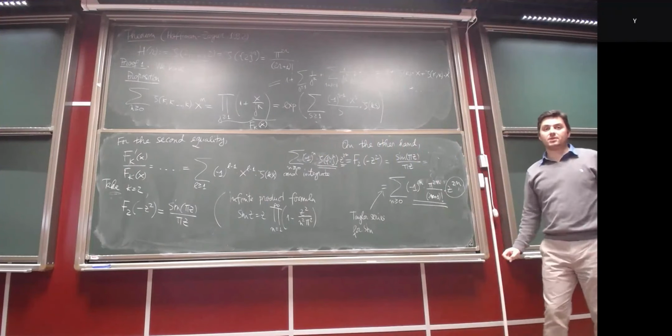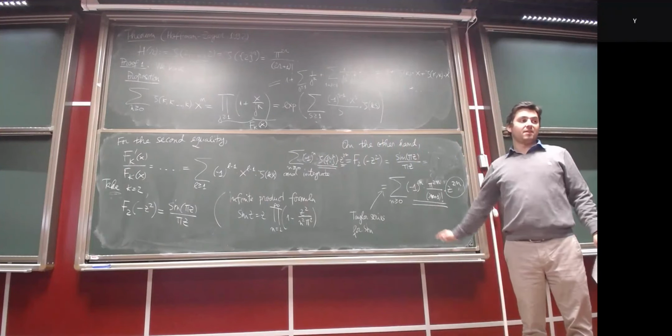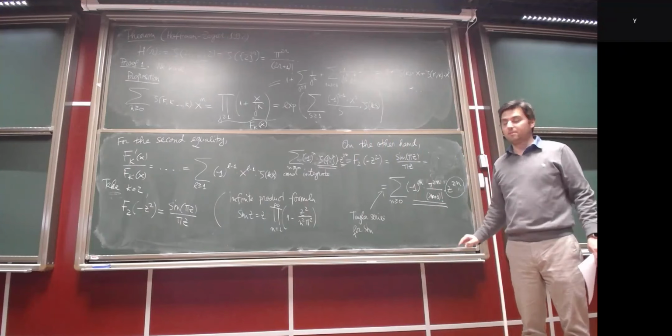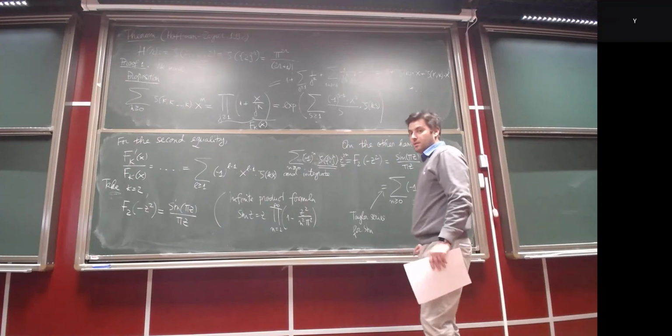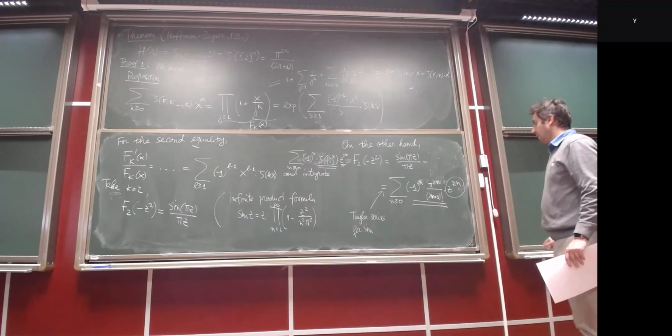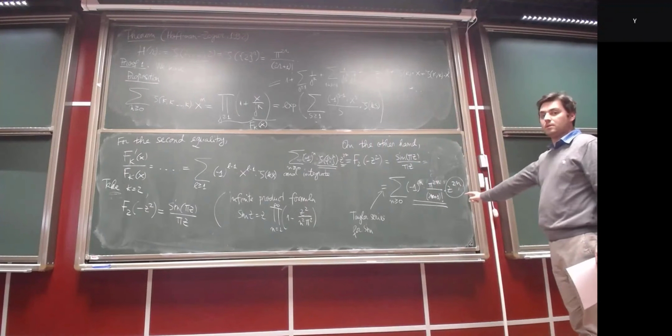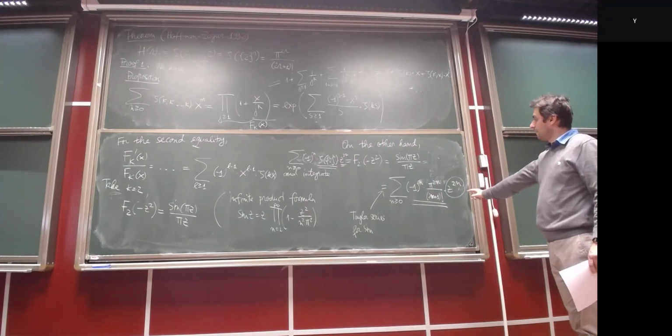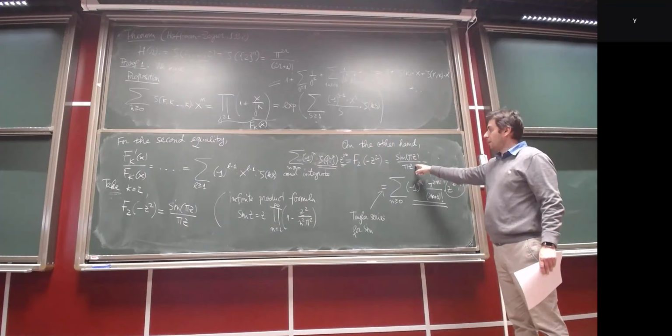So zeta of 2 is pi to the 2n over 2n plus 1 factorial. Why is f_2 of minus z squared equal to sine pi z over pi z? Why is this? By the sine product formula.